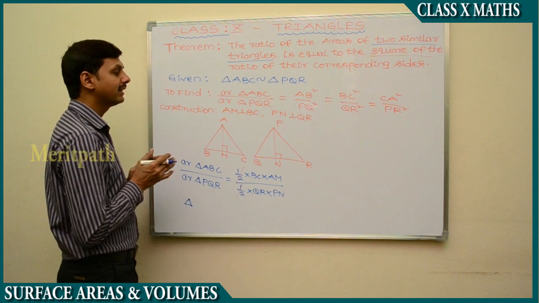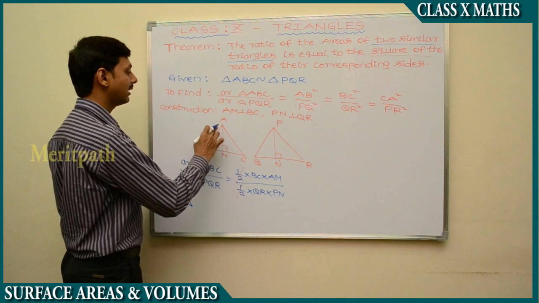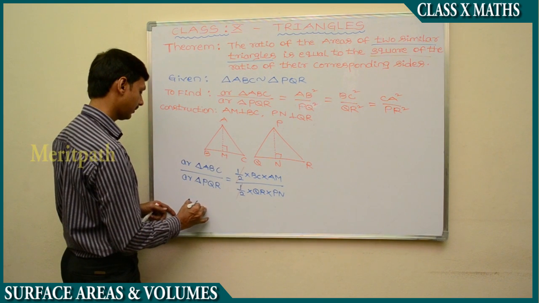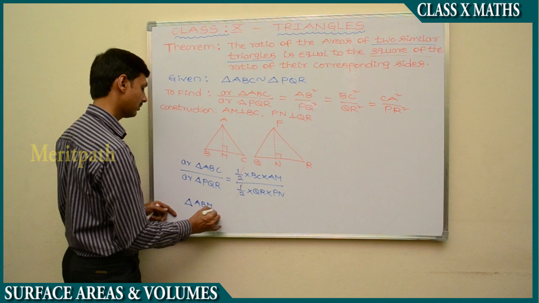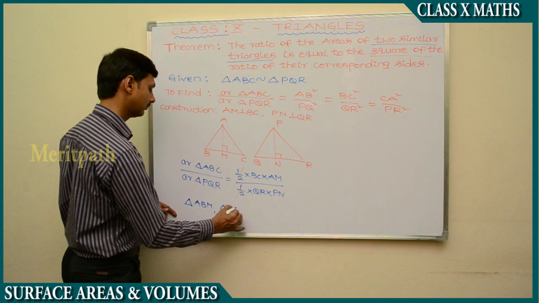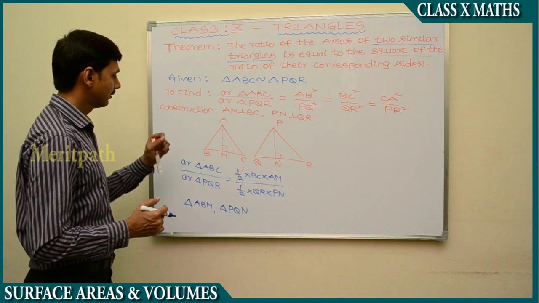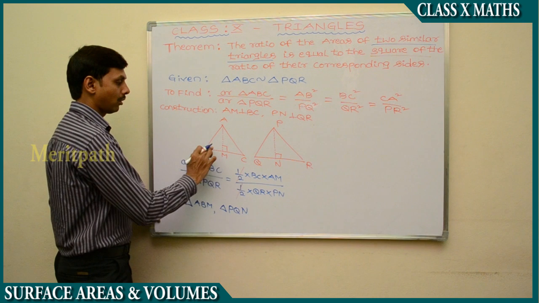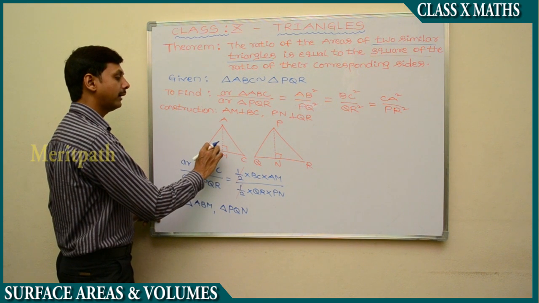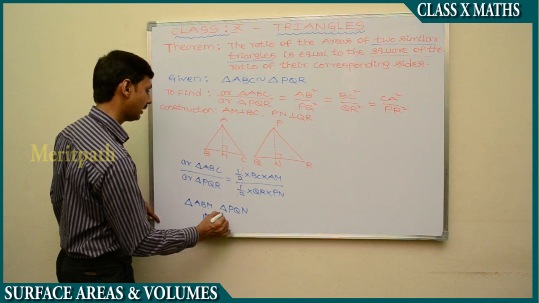We have one of the triangles, triangle ABM, and triangle PQN. In these two triangles, one of the angles is 90 degrees, on either side we get 90 degrees. So angle M is equal to angle N.